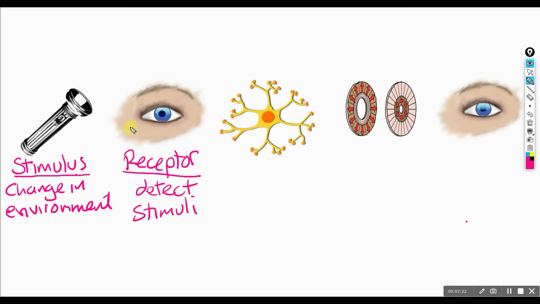Yeah, and bright light's not good really for your eyes. So a receptor detects the stimulus, really bright, sends a little message. It sends a message to a thing we call the coordinator.